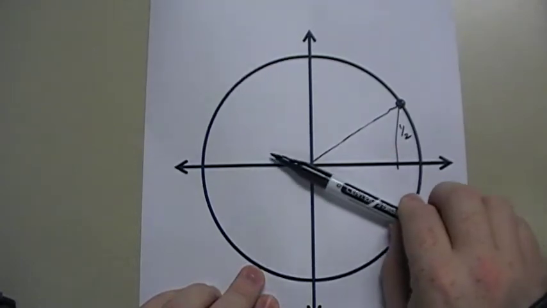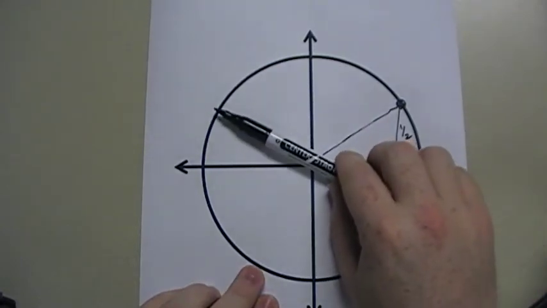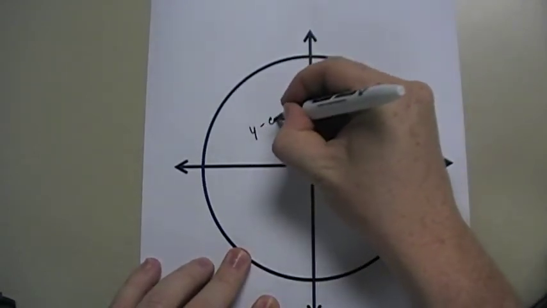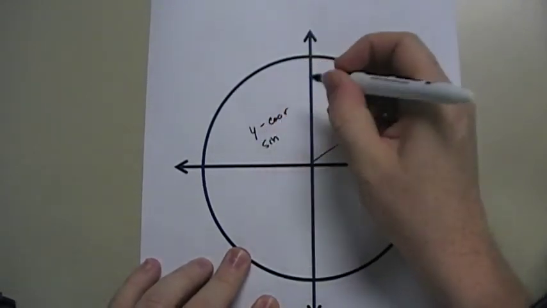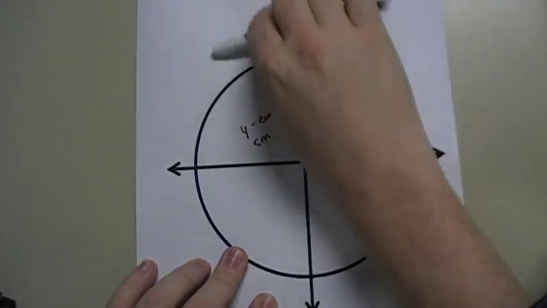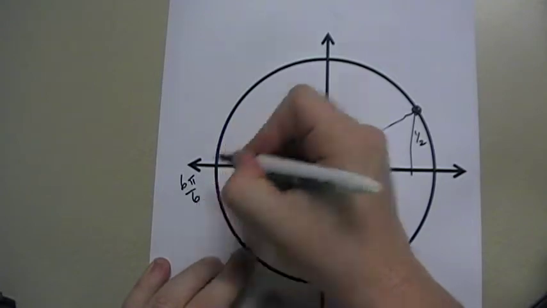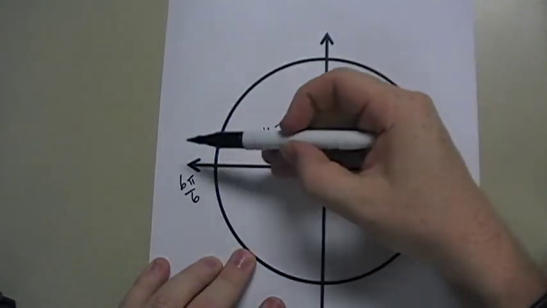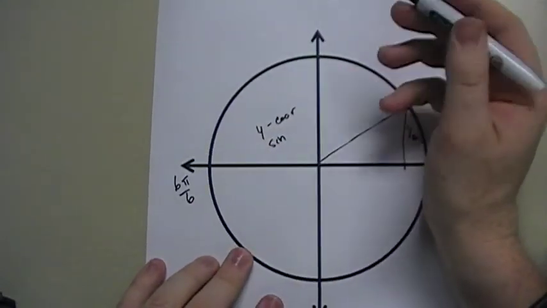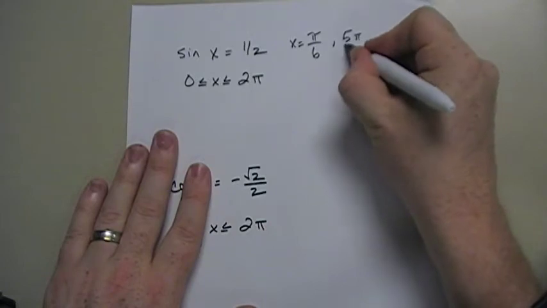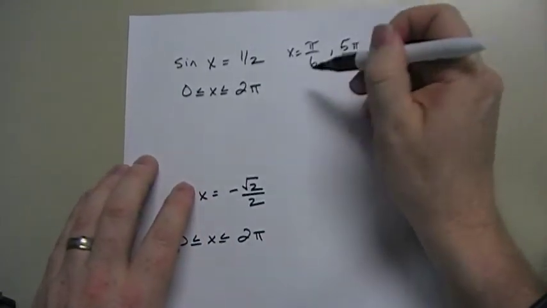So the only place where I'm going to get another positive y value, and remember the y coordinates match up with sine, is in the 2nd quadrant. Okay? Now, since this is 6 pi over 6 right here, it's going to be 1 less than that. It's going to be 5 pi over 6 would be the other answer to this equation. So just be sure you check to make sure you got both answers.